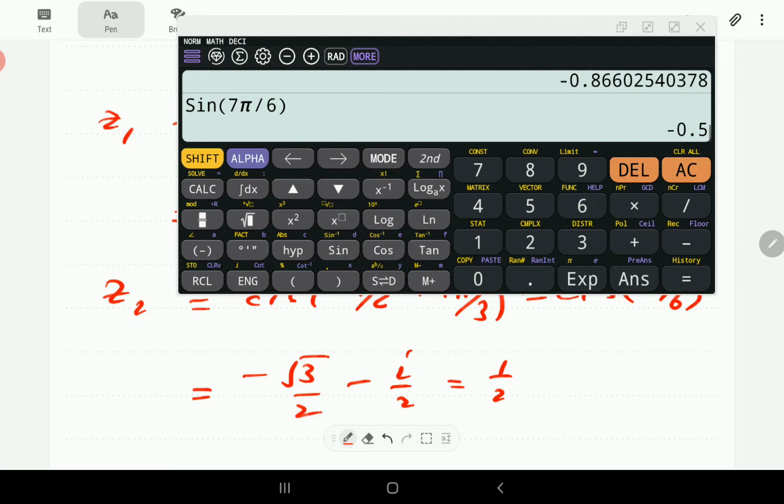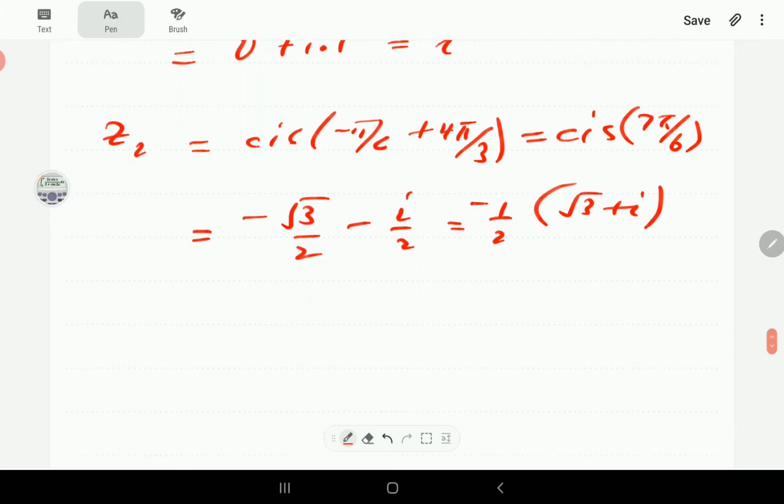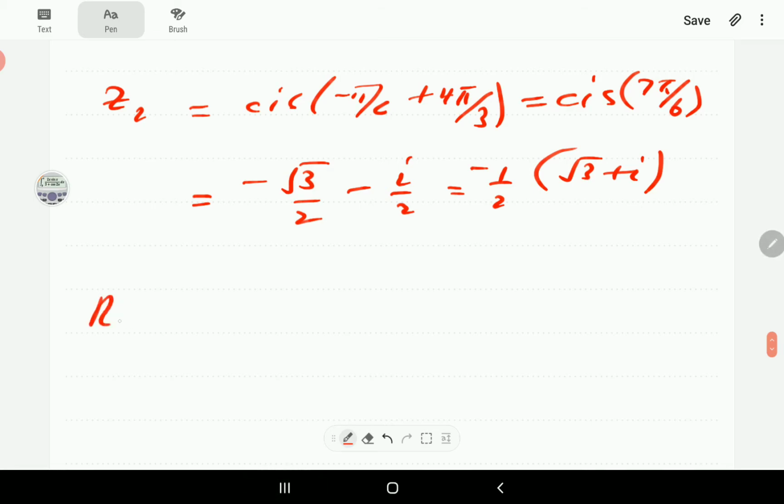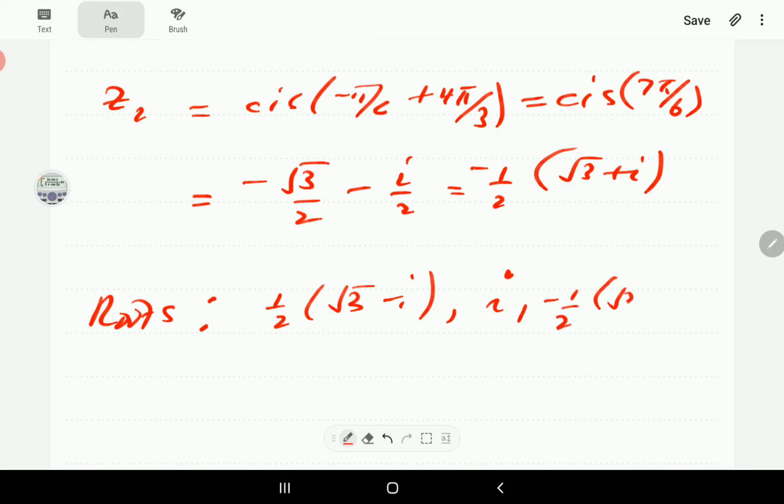So this is negative 1/2 into root 3 plus i. In summary, the three roots of the equation are 1/2 into root 3 minus i, the second root is i, and the third root is minus 1/2 into root 3 plus i.